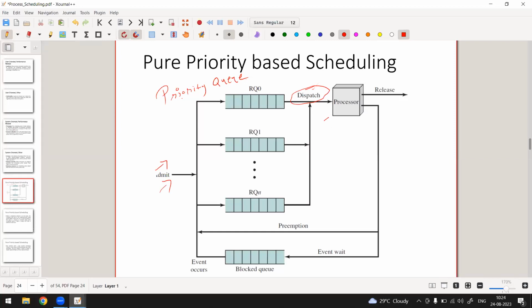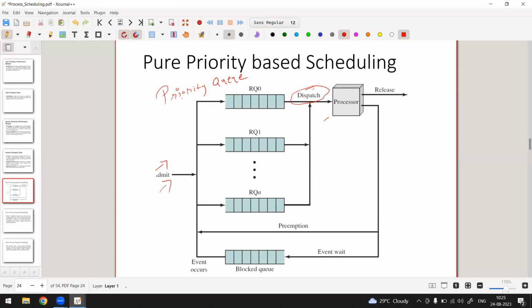The dispatcher will always dispatch the process from the higher priority queue, because that's the meaning of priority based scheduling.